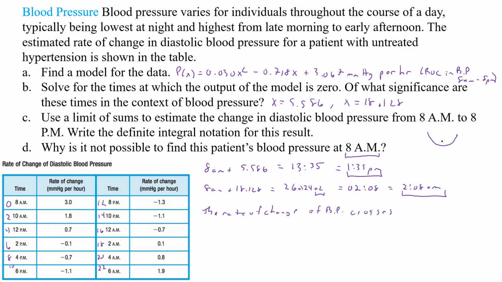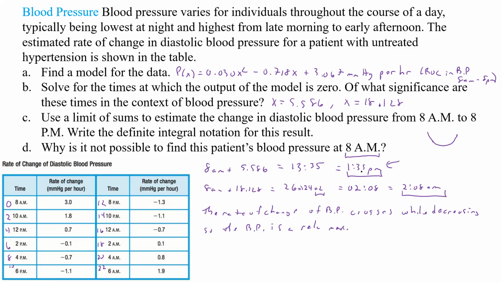So the first one is crossing here while decreasing. So the blood pressure is a relative maximum at that point. Okay, and so that's the relative max at 1:35 p.m.